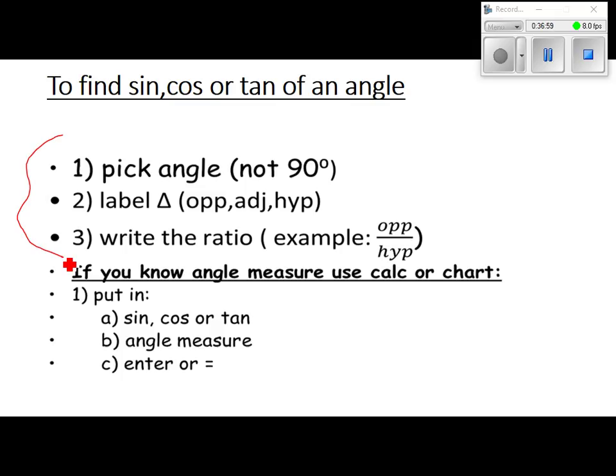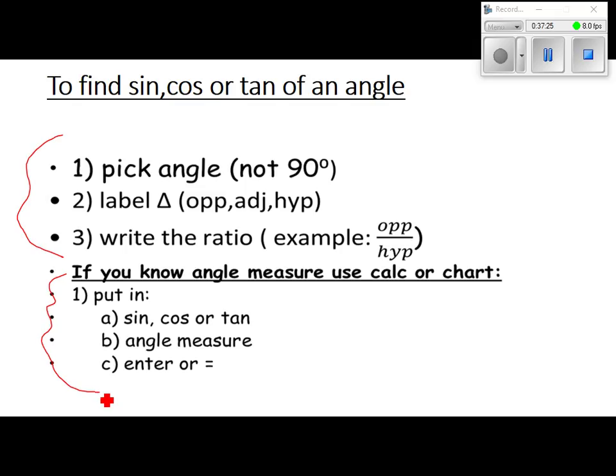If we're given the triangle and we want to put like 5 over 12 like we just got done doing. This is if we know the angle and we just want to use our calculator and find the decimal answer. Those are the steps that you use. The first 3 steps up here is what we just got done doing.